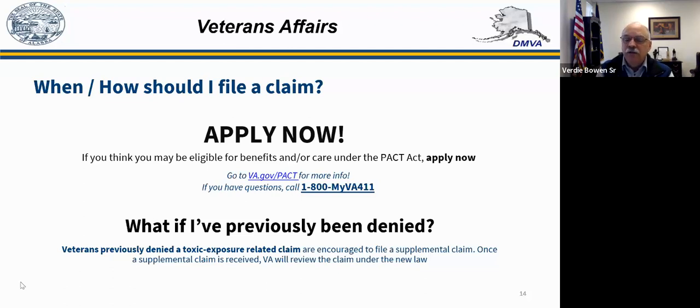Now that the PACT Act is signed, just because they passed away from that disability, your family will be eligible for extended benefits. And if you were denied in the past, you need to refile for that benefit. And you can do a supplemental claim, and the VA will review that. And in many cases will automatically provide you with that disability. Next slide.